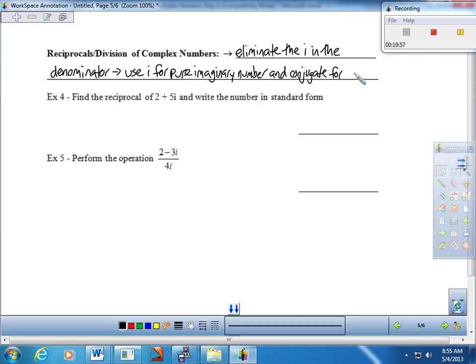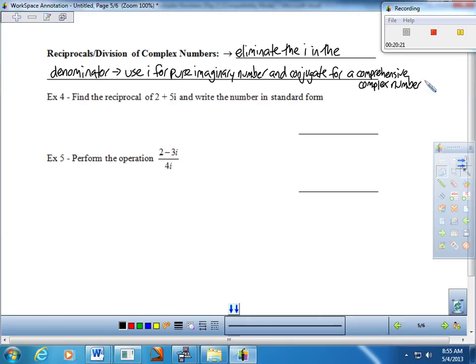So i would really just be for a regular imaginary number. I want to make the distinction for you a little better. So i for a pure imaginary number, conjugate for a more comprehensive complex number, just so we can really make the distinction between the two. All right, that's looking good.